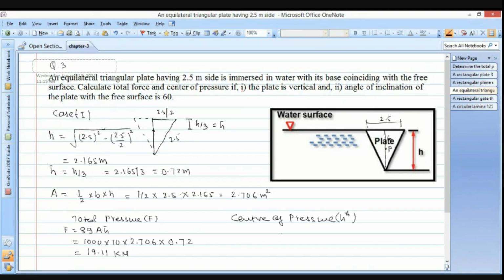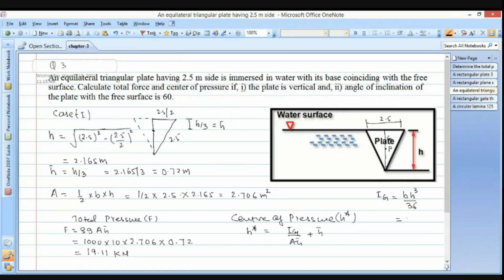Now we calculate the center of pressure, which is indicated by h star. So here the vertical case is that, so the formula of h star for the vertical plate or the vertical surface is Ig upon A h cut plus h cut. So we need to calculate the Ig for the triangle. So Ig equals b h cube divided by 36.